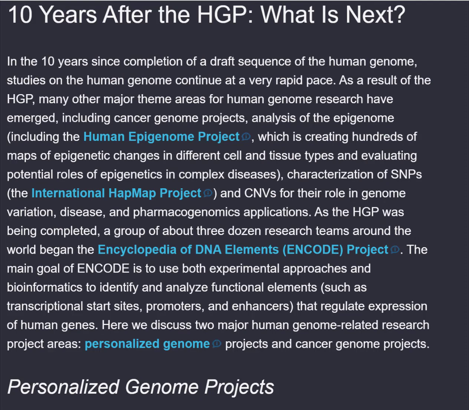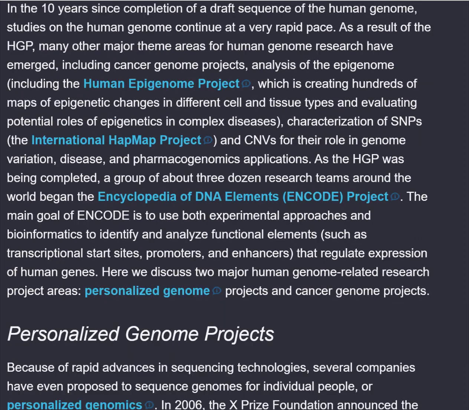10 years after the HGP, what is next? In the 10 years since completion of a draft sequence of the human genome, studies on the human genome continue at a very rapid pace.